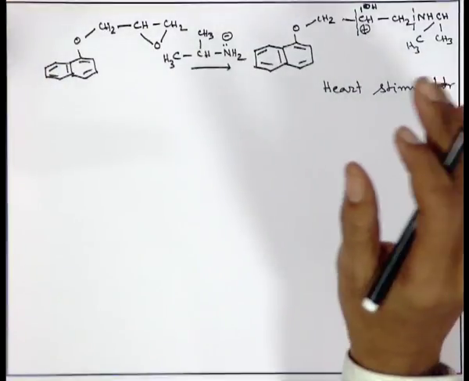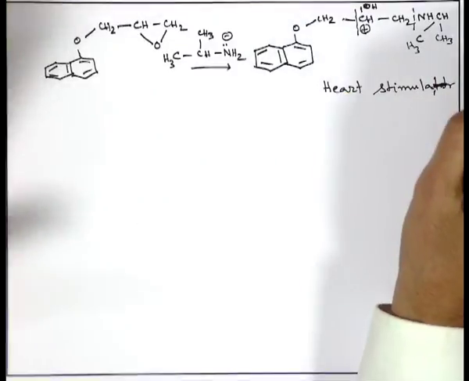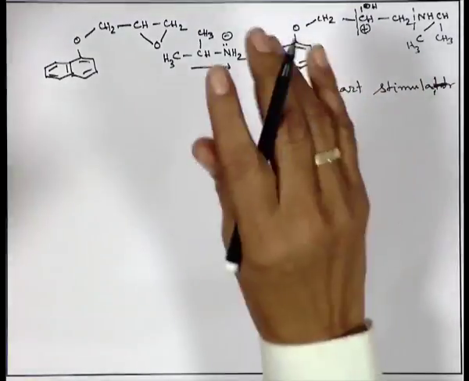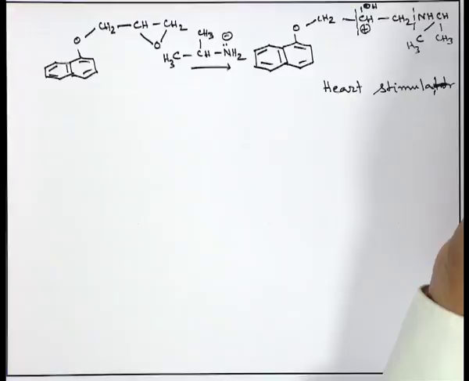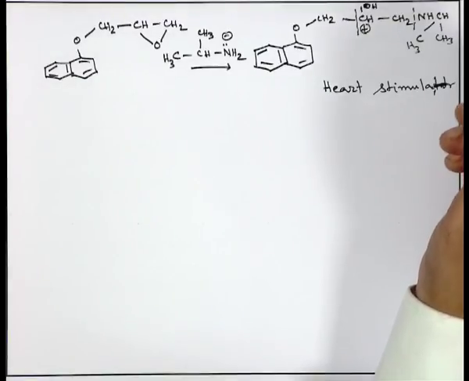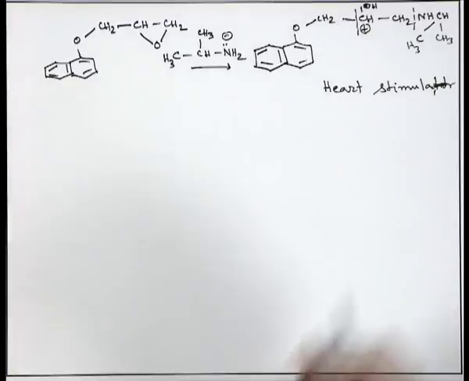This concept of making carbon positive and nitrogen negative comes from knowledge and experience, and it depends on latent polarity. As I told you the other day, the terminology is synthon. These are the synthons, carbocation or nitrogen anion.